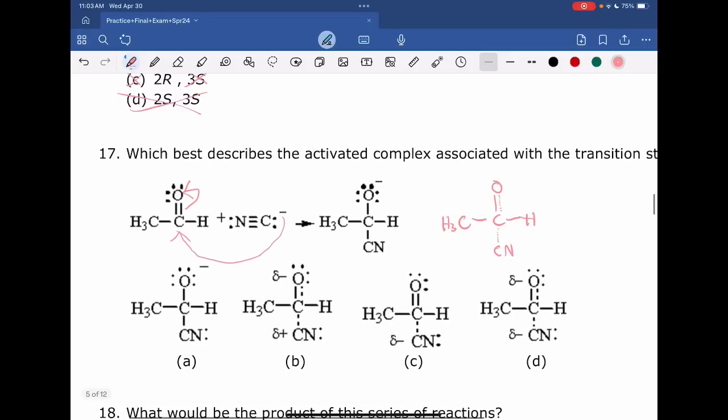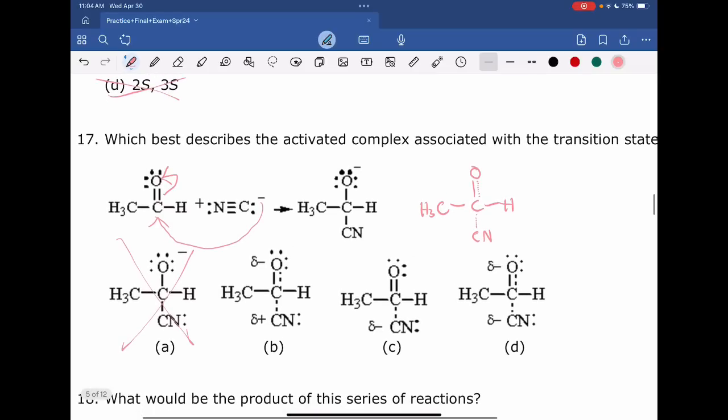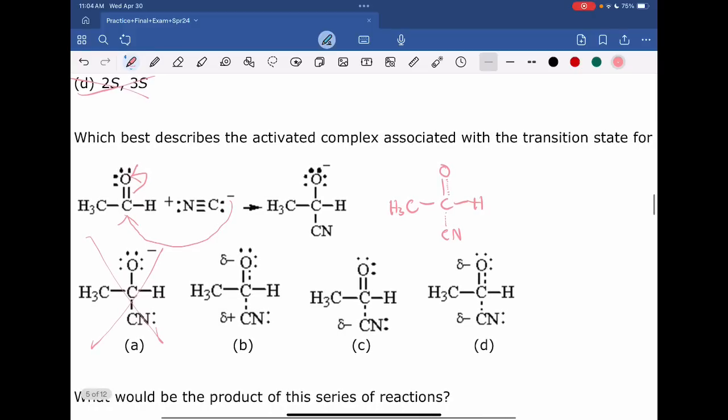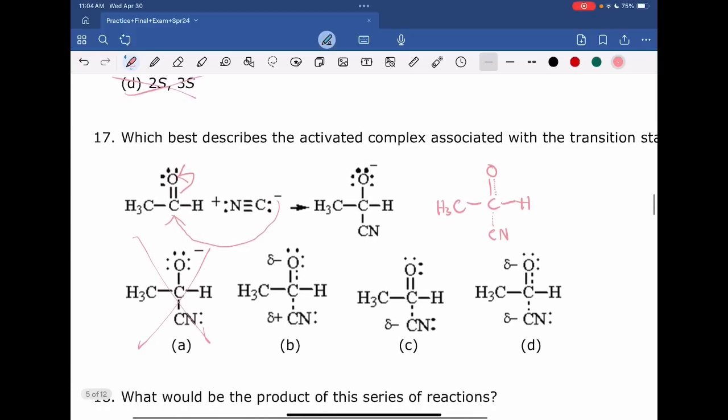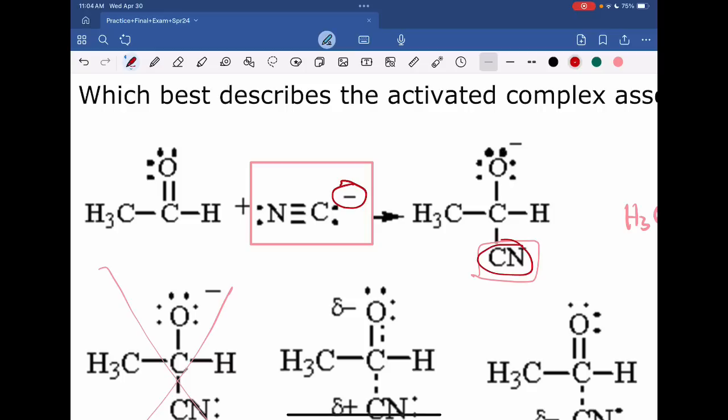A is not it. A is not a transition state. A is just the product drawn again. And between B, C, and D, the difference lies in the partial charges. Okay, so let's look at how we started. We are in the process of giving nitrile no charge. It started with a negative, but it ends with no charge.